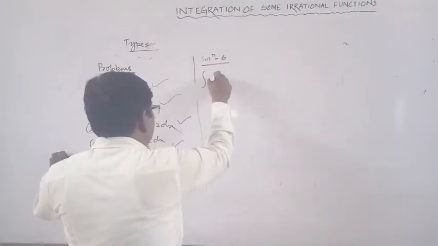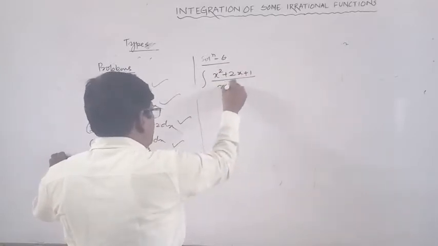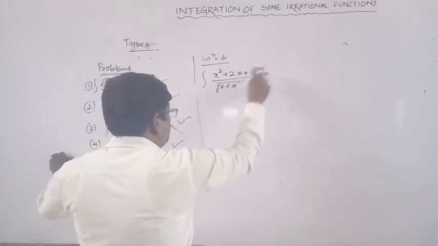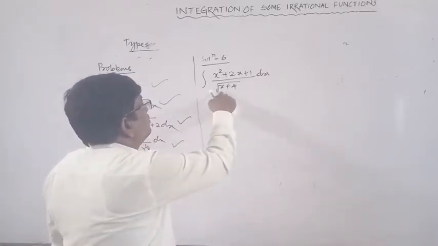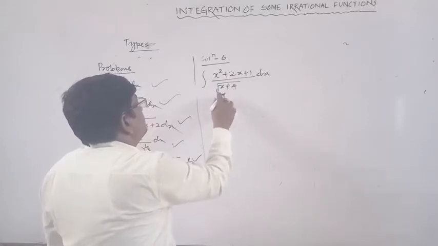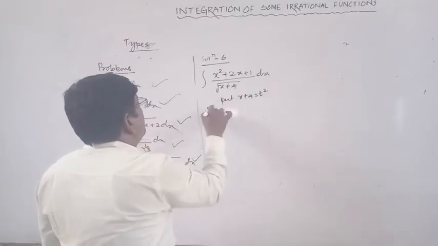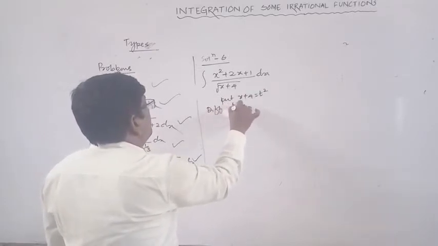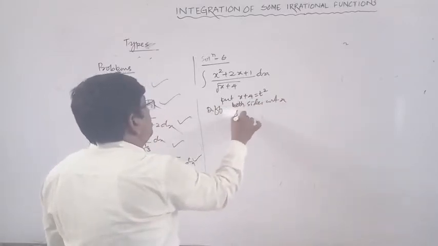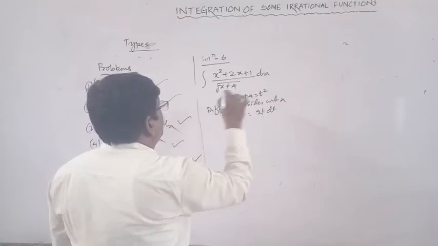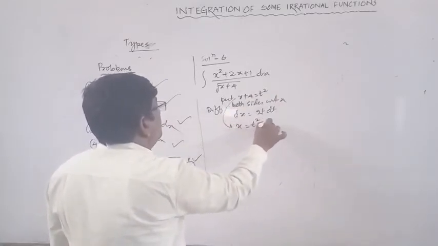Integration of (x² + 2x + 1) divided by (x + 4) root over x dx. This is a square root term, so put x + 4 = t² for simplification. Differentiate both sides with respect to x, so dx = 2t dt. Now x is equal to t² − 4.